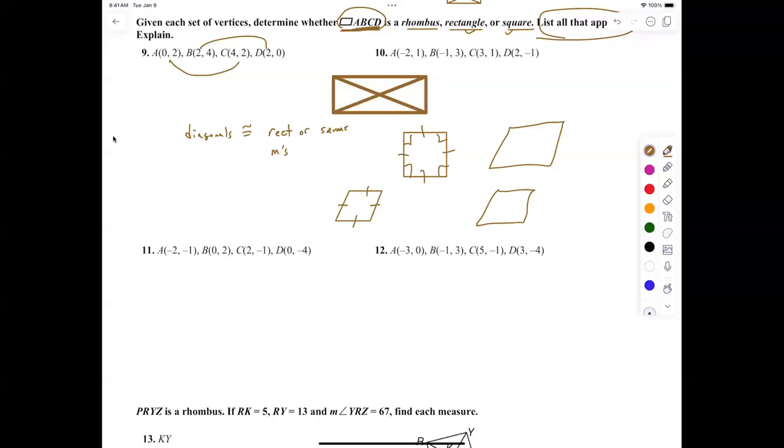And the definition of a rectangle says opposite sides are equal and the angles are 90 degrees, right? So if you have a square, does it meet that condition?